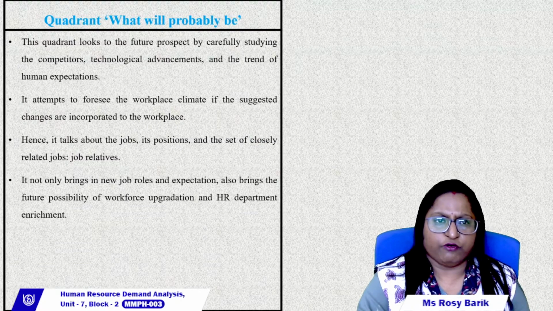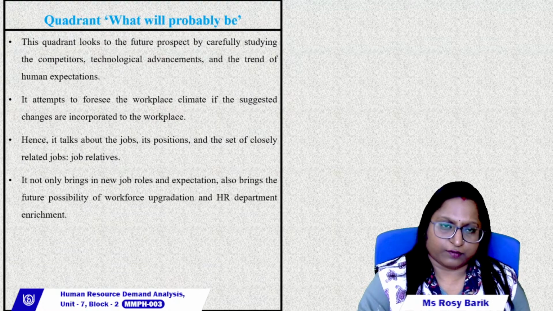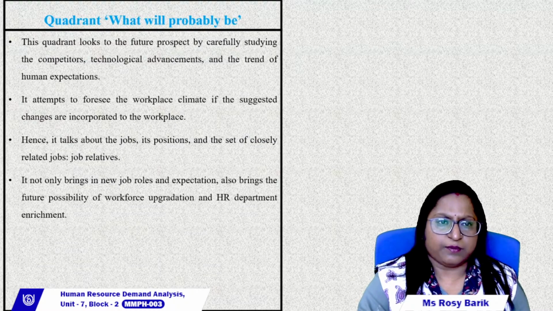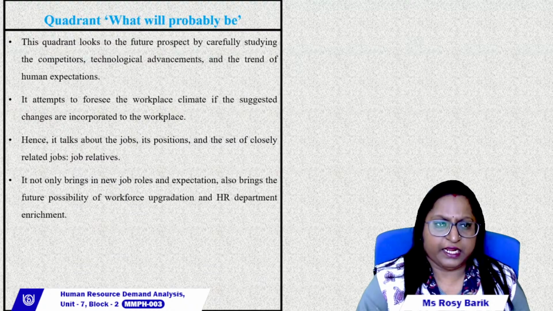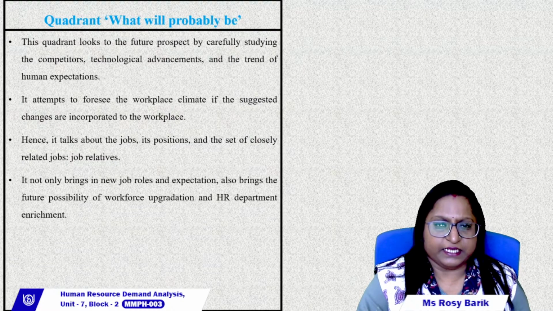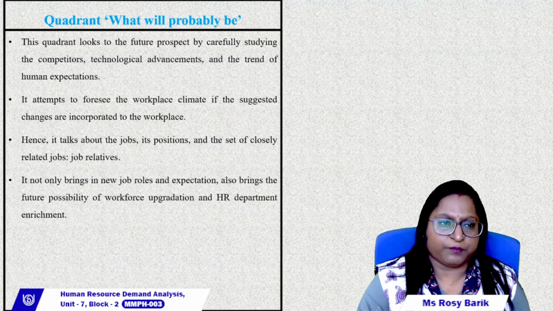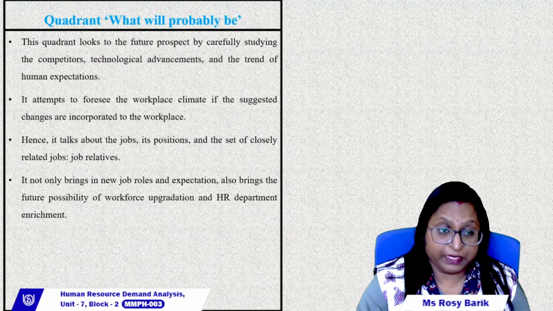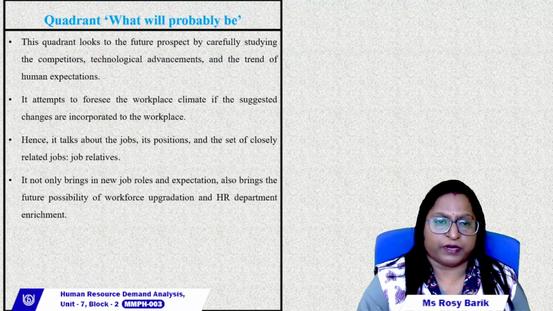It attempts to foresee the workplace climate if the suggested changes are incorporated. Hence, it talks about the job, its position, and the shade closely related to the job, that is, job relatives. It not only brings in new job roles and expectations, but also brings future possibilities for workforce upgradation and HR department enrichment.